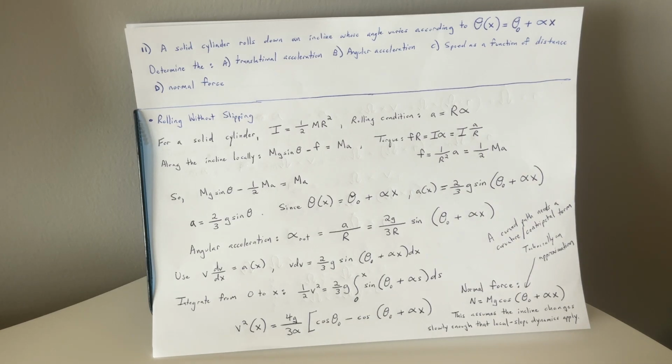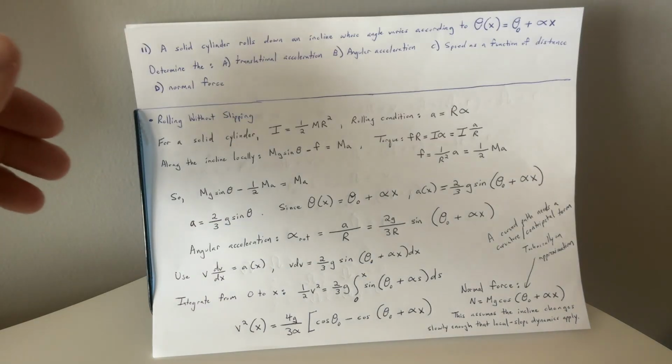Here, the curved path is going to need a centripetal curvature term, and technically this is an approximation for our normal force: N equals mg cosine of theta naught plus alpha x. This assumes the incline changes slowly enough that local slope dynamics apply. Okay, so that is number 11.